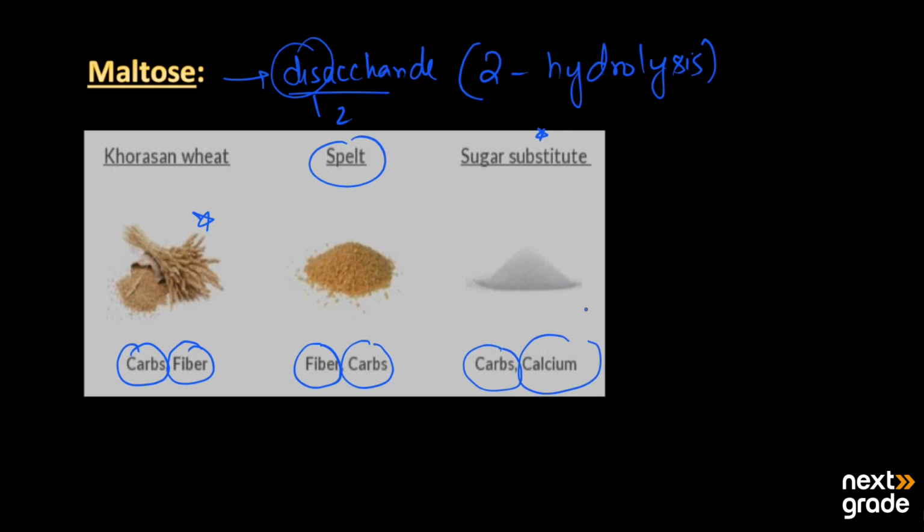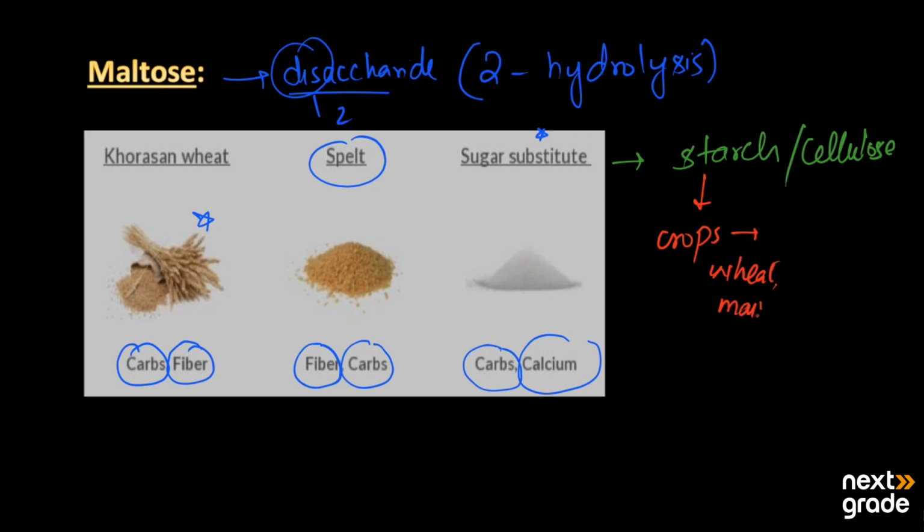After that, we have some polysaccharides. We can gain polysaccharides such as starch, and the second one is cellulose. Starch is mainly present in cereal crops, which may be wheat, maize, or barley, and it is also present in rice.